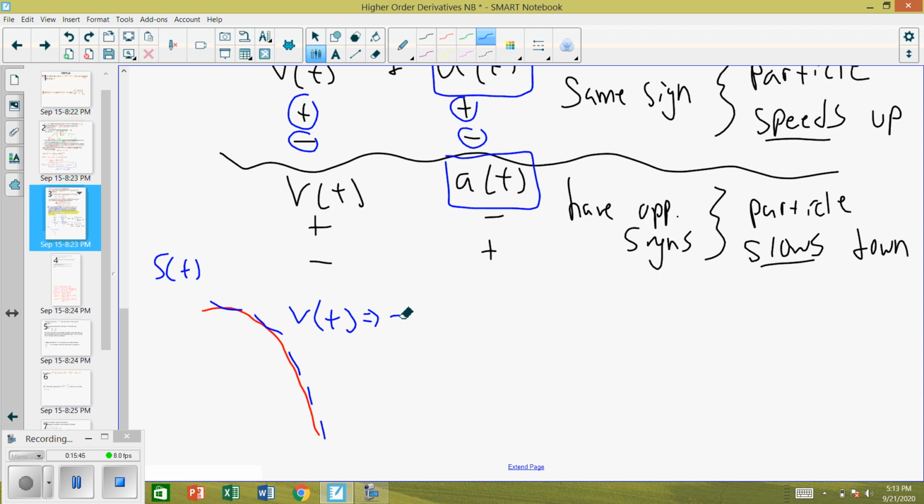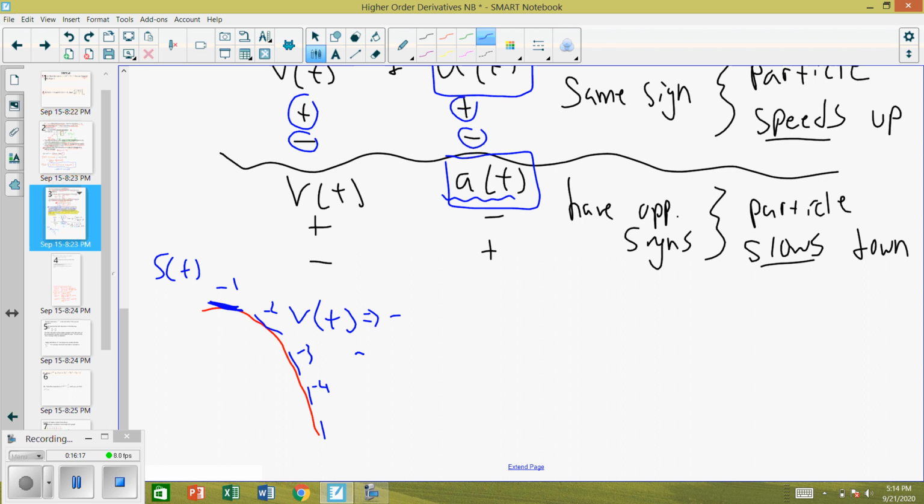Now, I was hesitant about drawing this because we haven't looked at examples of A of t yet. But if you notice the acceleration here, we'll give these some values. This is maybe -1, and this would be -2 and -3, -4. Do you see how the acceleration is getting smaller and smaller in that number? -1, -2, -3, -4.